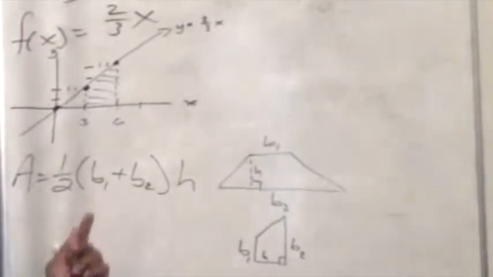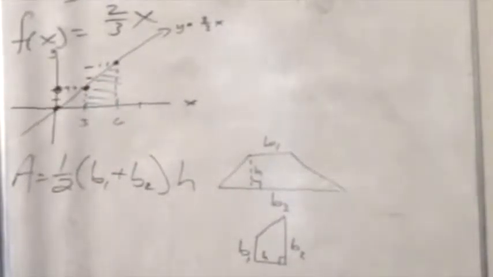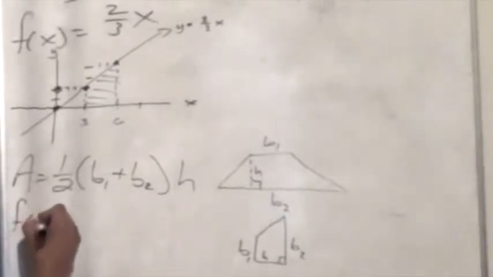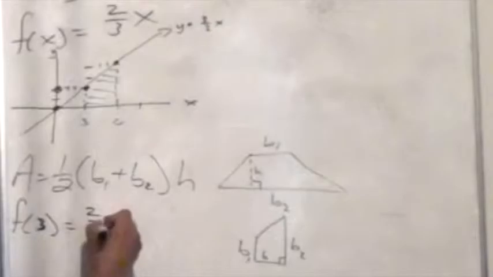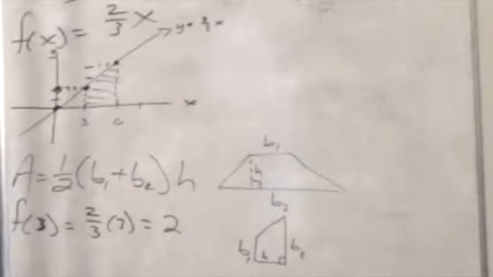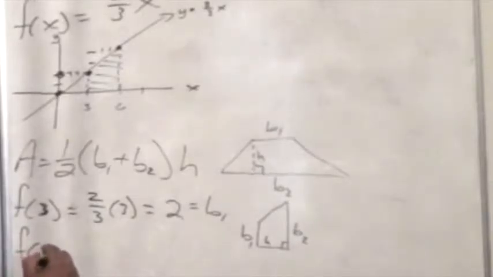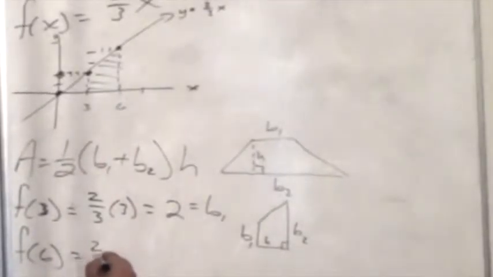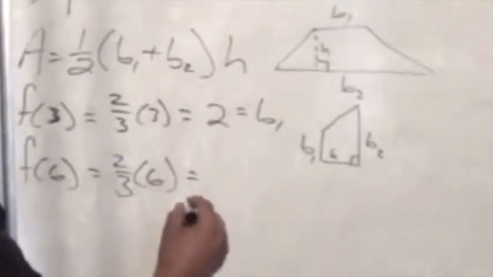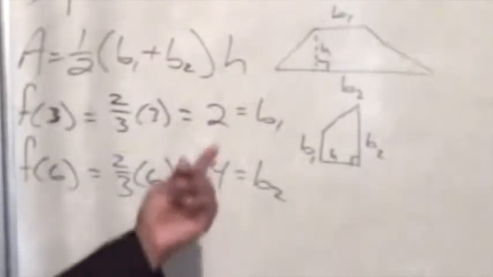To find base 1, I need to put 3 into the function so I can find out the y value. So f of 3 is 2/3 times 3, which is 2. That's my B1. To find B2, the other base, we're going to put in 6. Now I have B1 and B2.